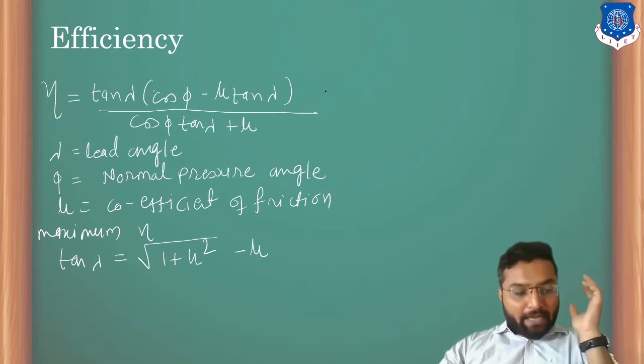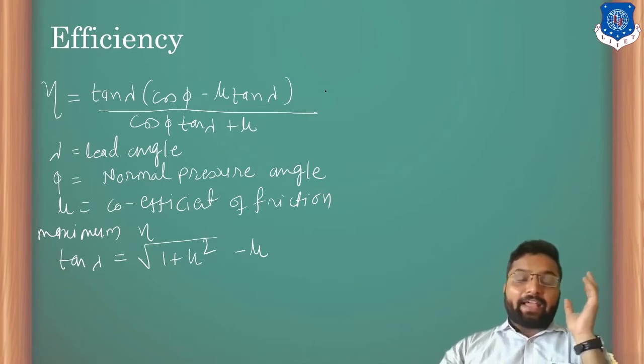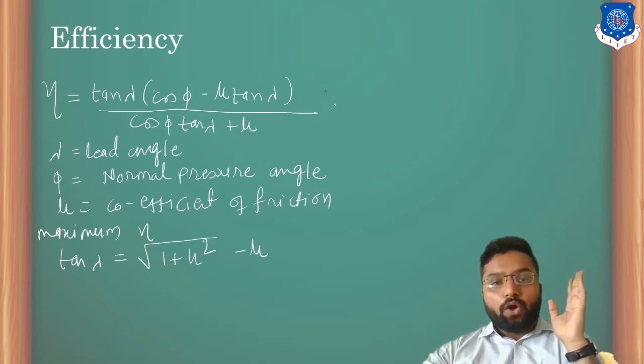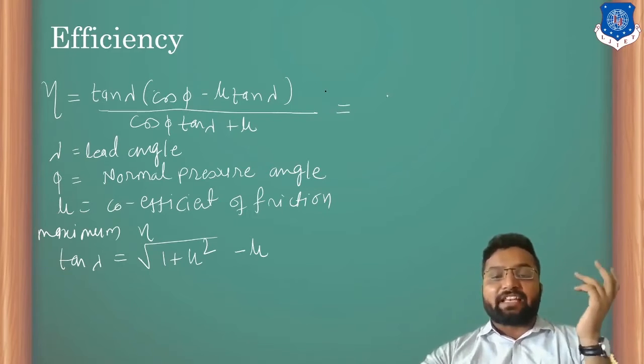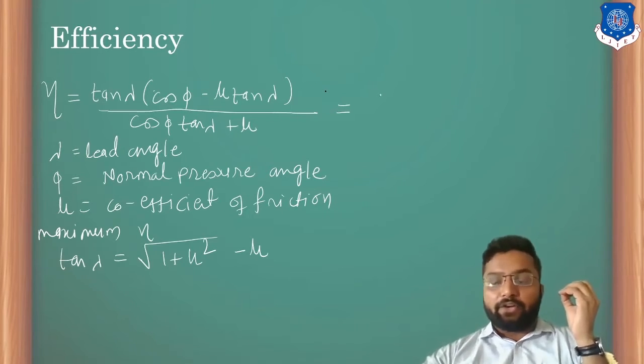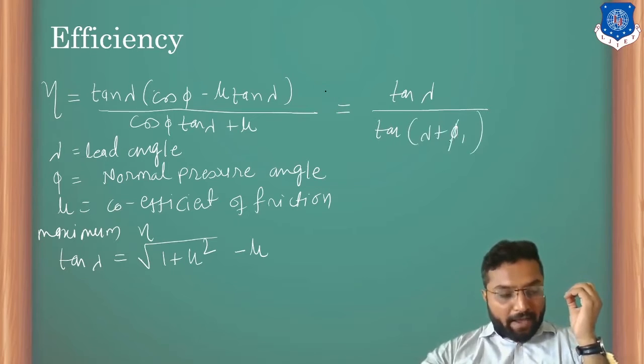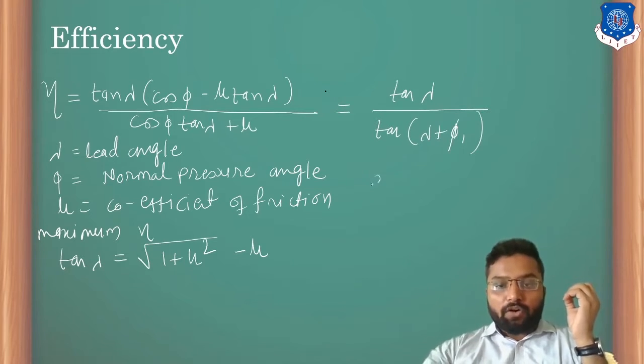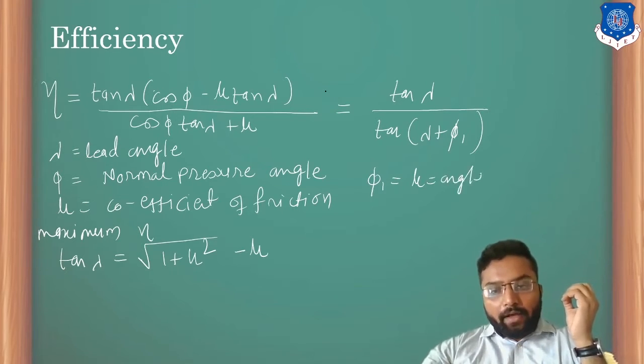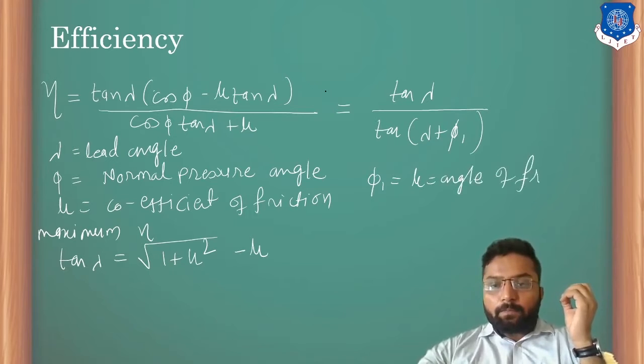If I want to convert this equation only in terms of tangents, then the equation goes like this: tan lambda divided by tan of (lambda plus phi 1), where phi 1 is equal to mu, which is the angle of friction.